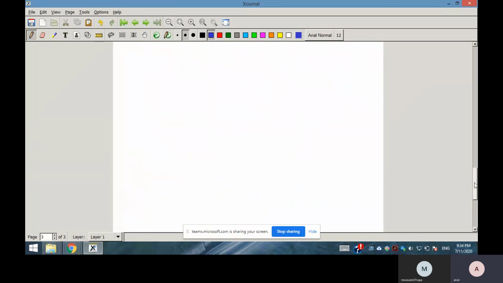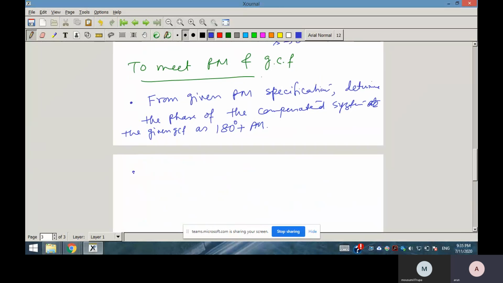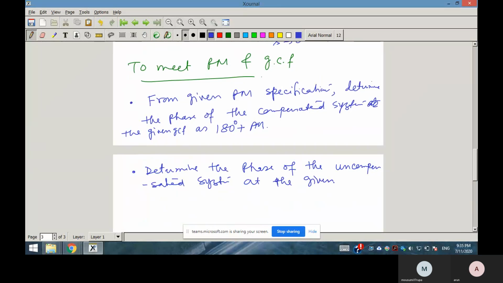So the next step is to determine the phase of the uncompensated system at the given GCF, the GCF that is given in the specification.